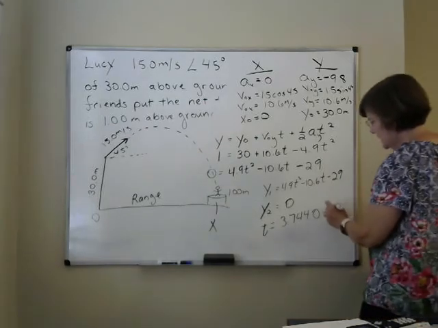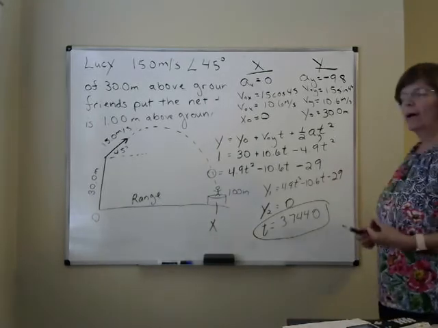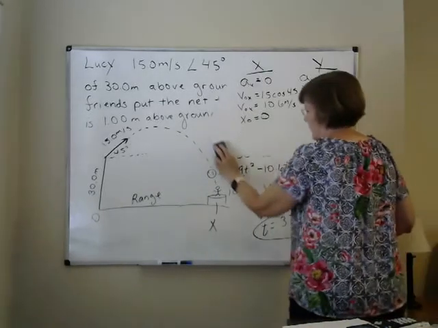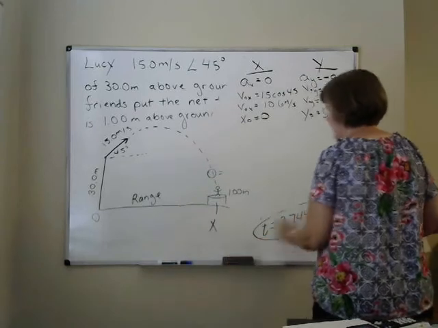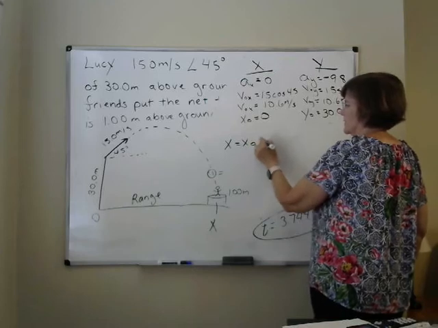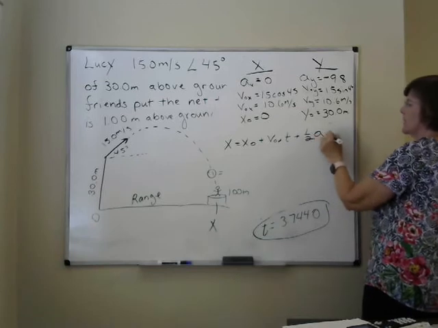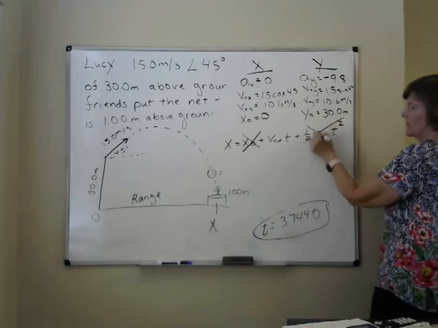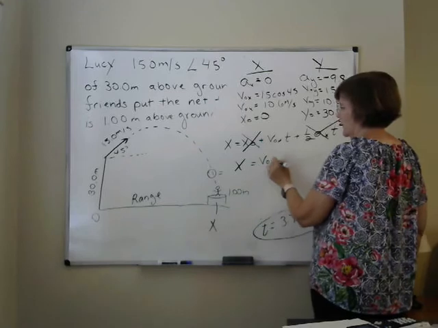So I know this is my time. At that time, she's going to be 1 meter above the ground. What horizontal distance corresponds to that time? You can probably stop writing these terms you know are 0 as soon as you're comfortable with their 0. This is just going to be x equals v0x t.